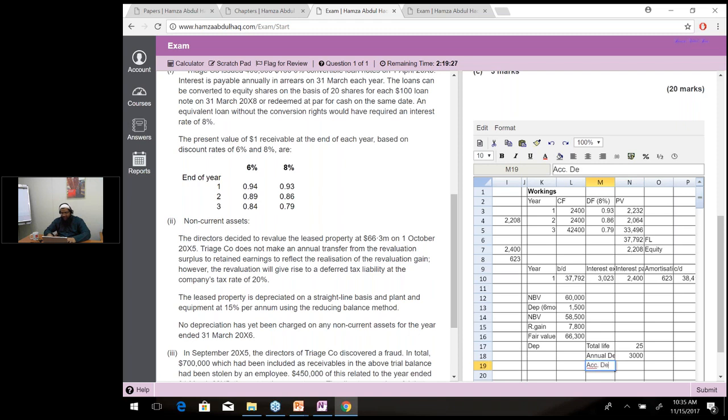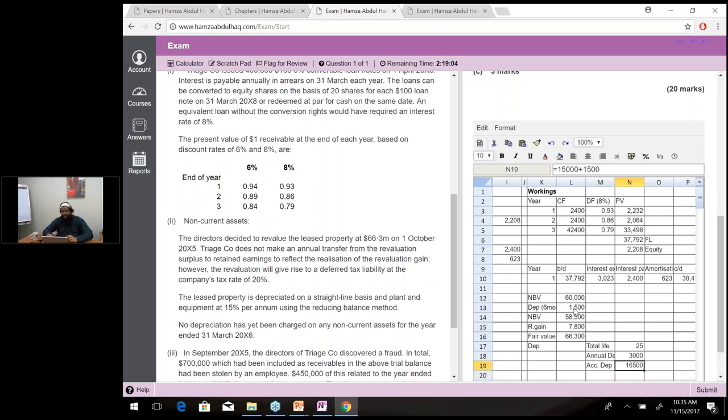And if I calculate the accumulated depreciation, 15,000 was given in the trial balance and 1,500 charged by us for the first 6 months.